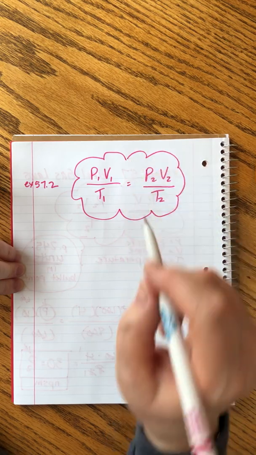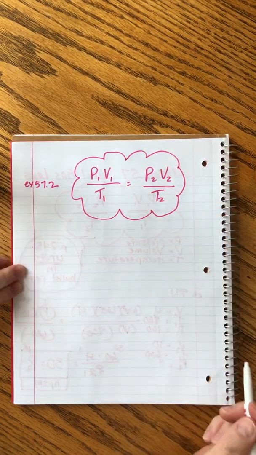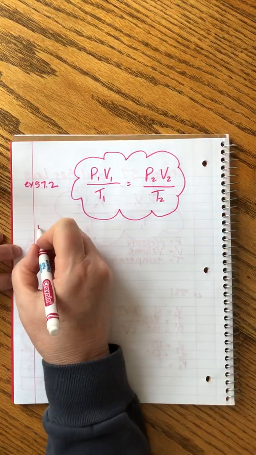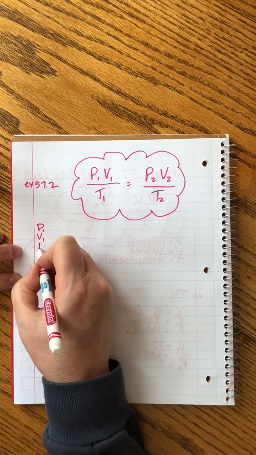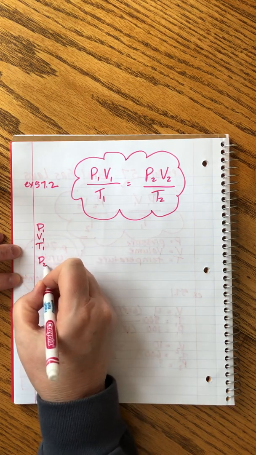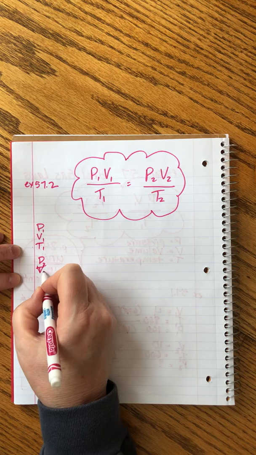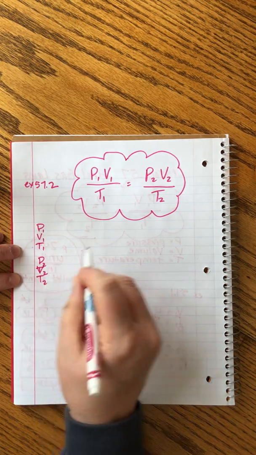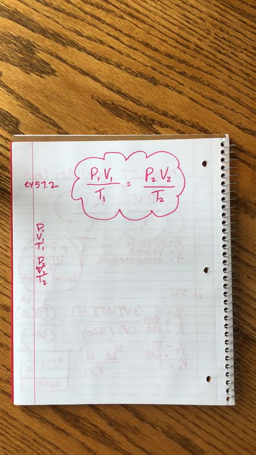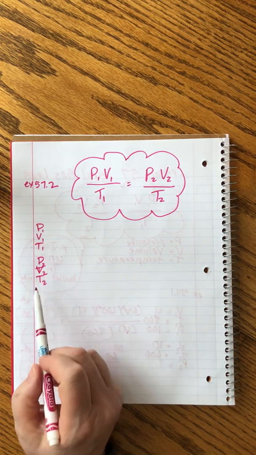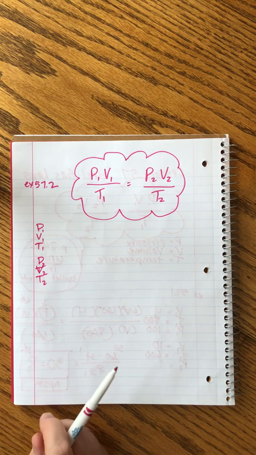Puffy cloud of knowledge to surround that lovely formula. And I know I'm going to need these, aren't I? Oops, V2. I like to keep them in order so that when I go to fill in my formulas, everything's right in the order that I want it. One of these will probably be a mystery, but that's okay, we'll figure that out.